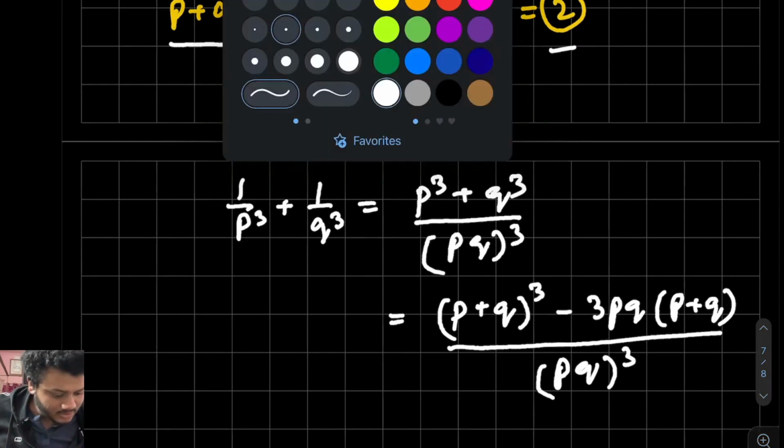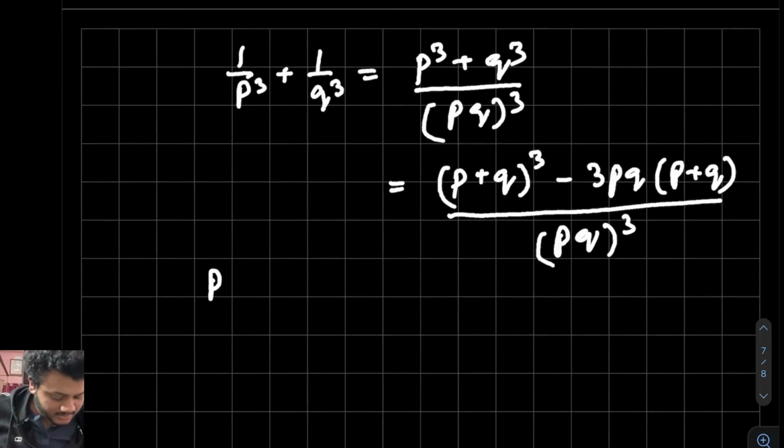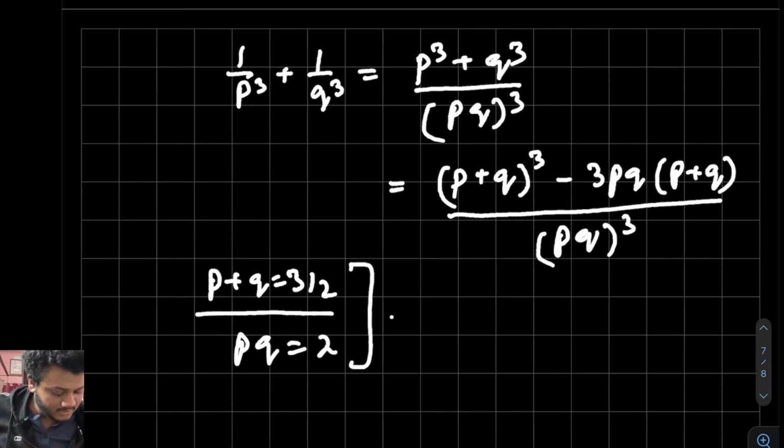So now what you can do is place the values, p plus q equals 3 by 2 and pq equals 2, and you will get your answer. Okay, so now we will go to the next question.